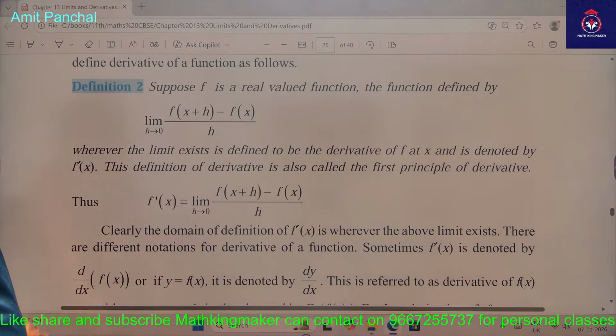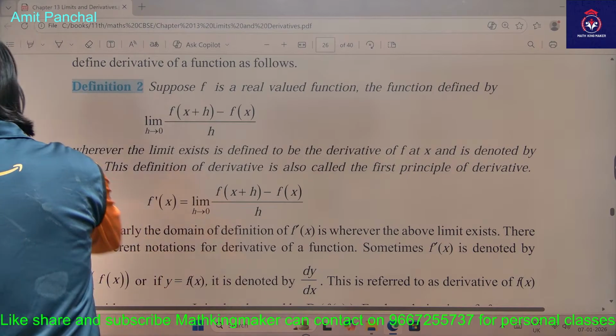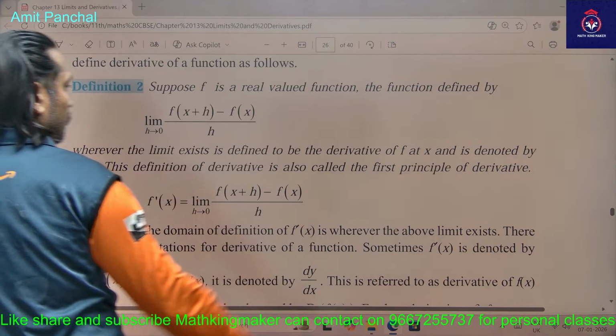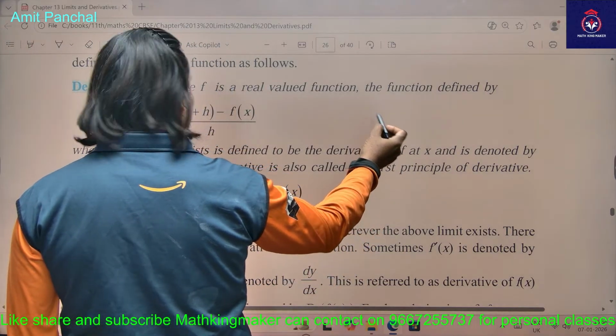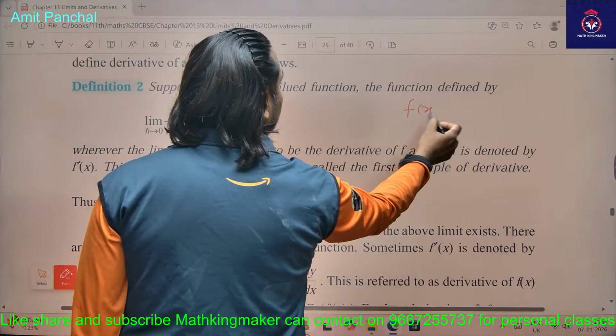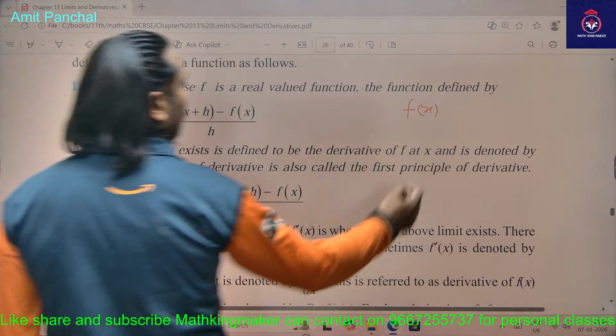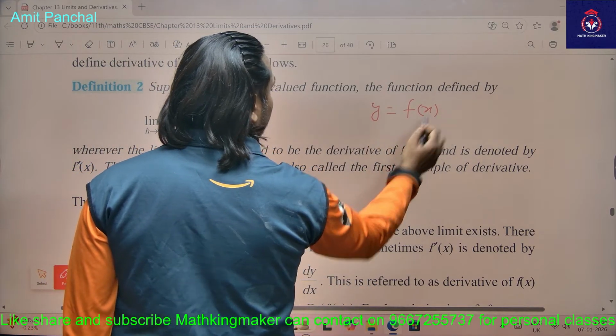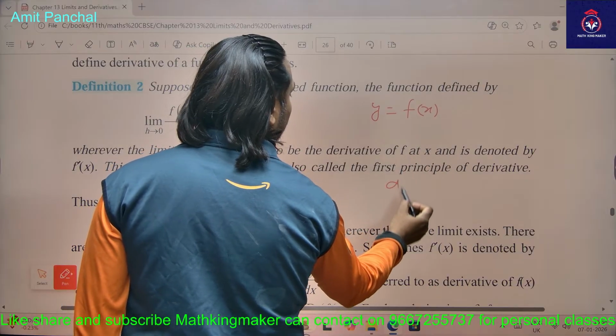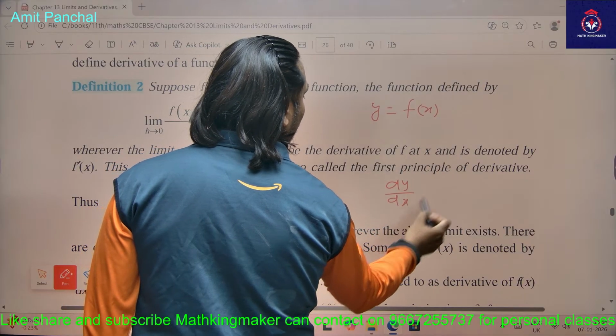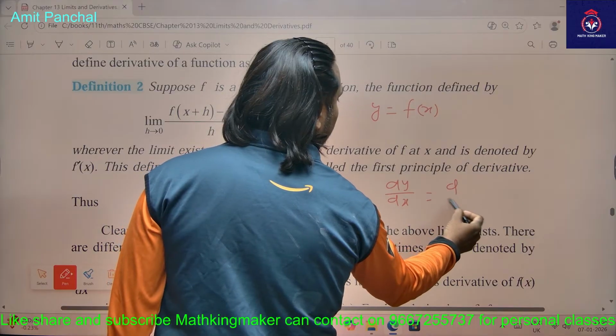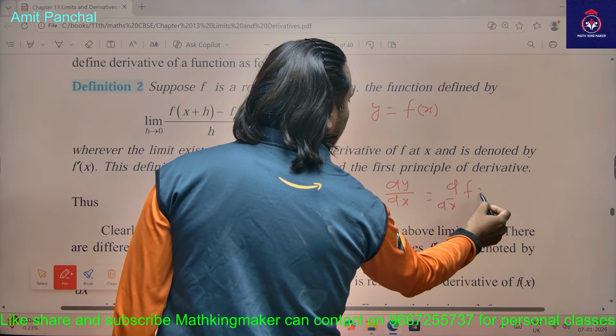So if you want to find simply the derivative with respect to x. Derivative is basically, if I am writing a function f(x), so what is its derivative? This is y equal to f(x), so its derivative will be dy by dx, or I can write it like d by dx of f(x).